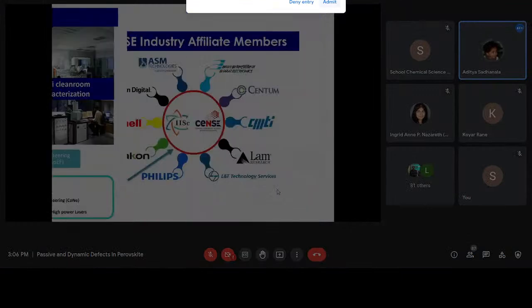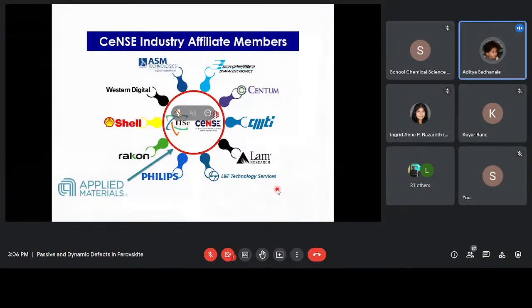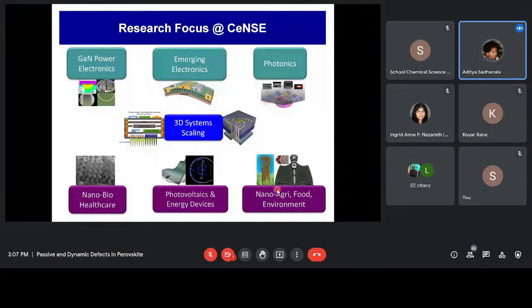We in the department work very closely with industry, and there are a lot of industries affiliated with the department to develop not just technology but also to see how we can interact with industry and come up with new ideas and potential solutions. The research focus at the center is on the topics that I have displayed here, starting from gallium nitride based power electronics.